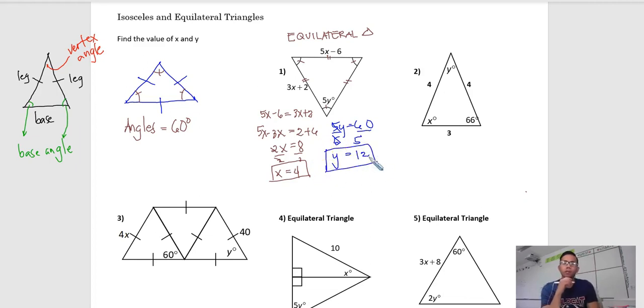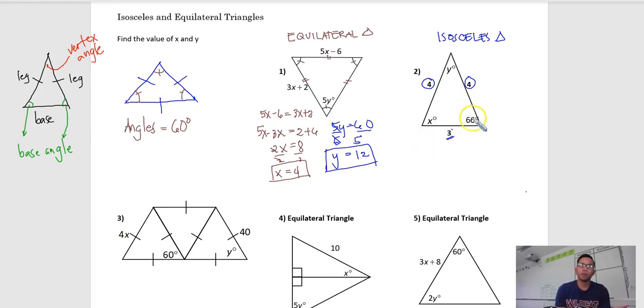Next, number 2 is an isosceles triangle. So this is a type of isosceles triangle because 4 and 4 are the same here. They are congruent. And of course, this is the base side, or the base, which is 3.